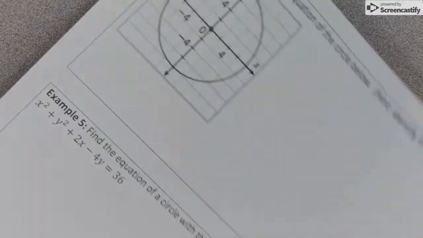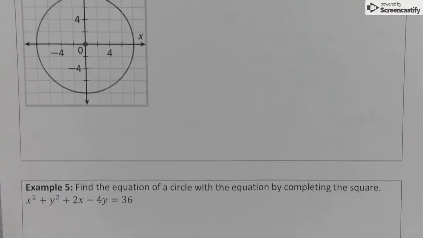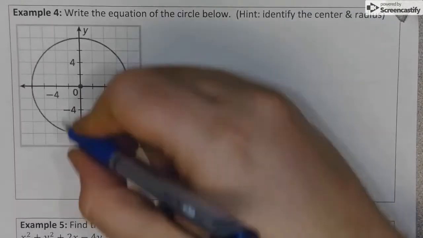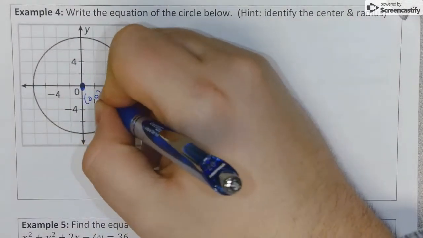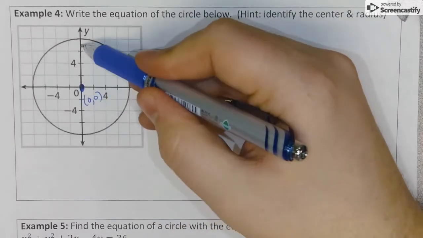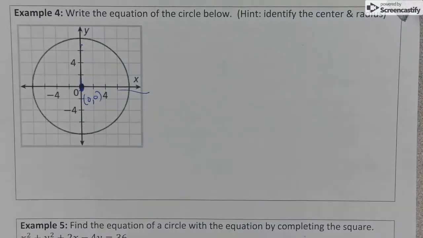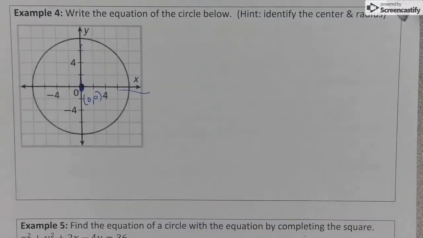Example 4, they ask you to write the equation of the circle, sorry, below. So you're given a circle. They clearly identify this point right here as the center, which is the point 0, 0. So you can easily determine how far out your radius goes by just counting how many units up you go, or how many units right, or down, or left. That will tell you your radius.